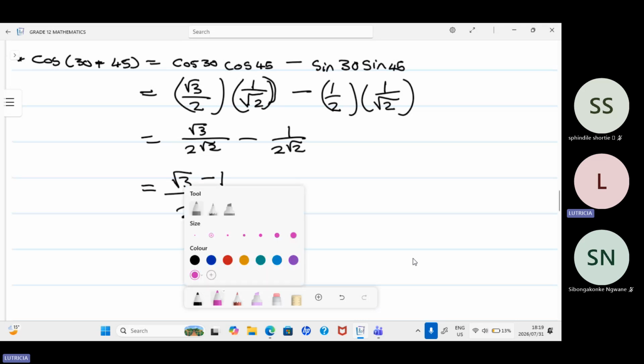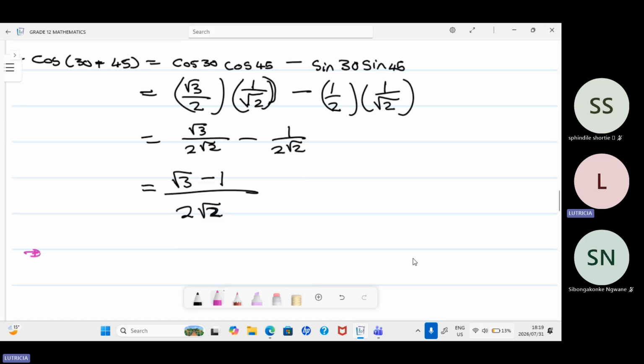You can punch it in a calculator to confirm. So when I punch it in the calculator, just to confirm that our answer is actually correct and we didn't make any mistakes along the way, it's very important to always check, just in case. So this is giving me 0.2588, and then let me see, cos 75.